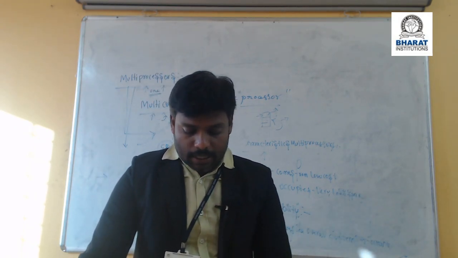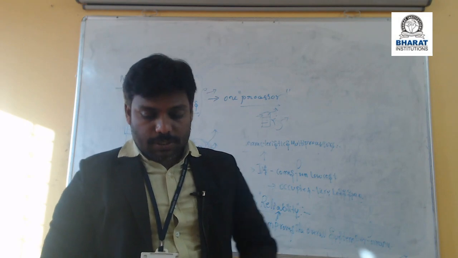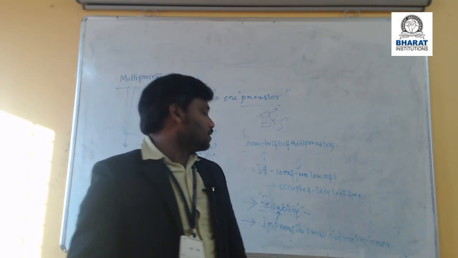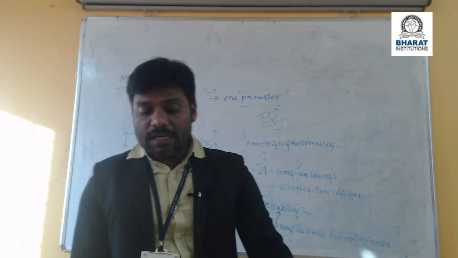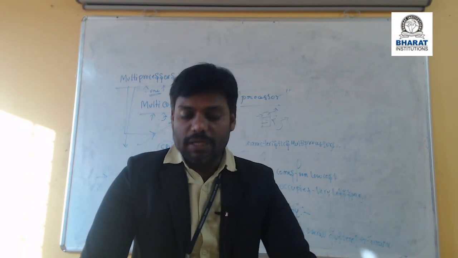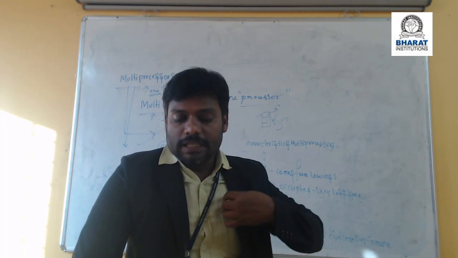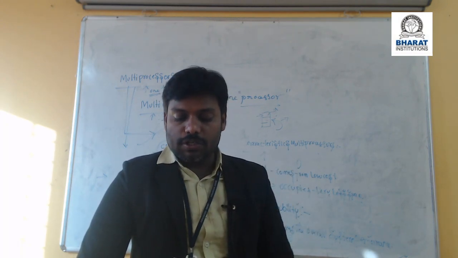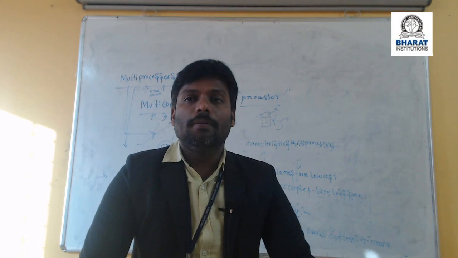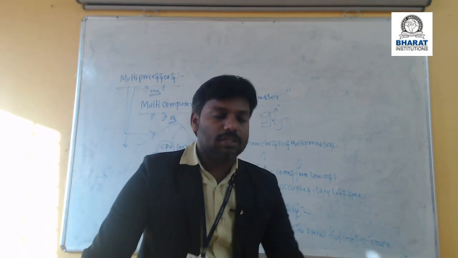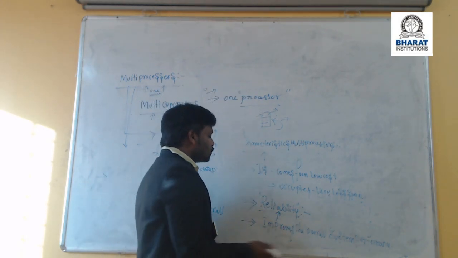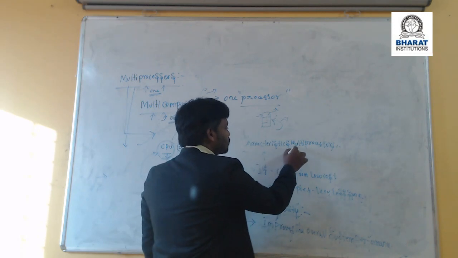By using the multiprocessor system, there are two features. The first one is that multiple independent jobs can be made to operate in parallel, and the second one is that a single job can be partitioned into multiple parallel tasks. These are the two features supported by our multiprocessor system.